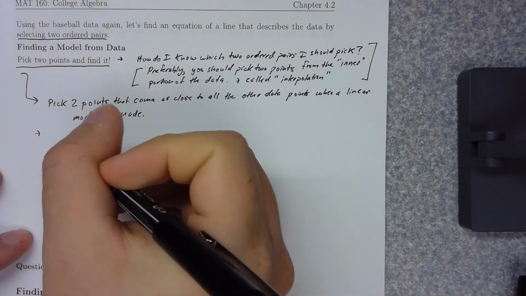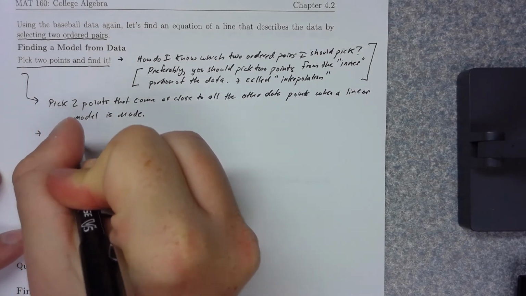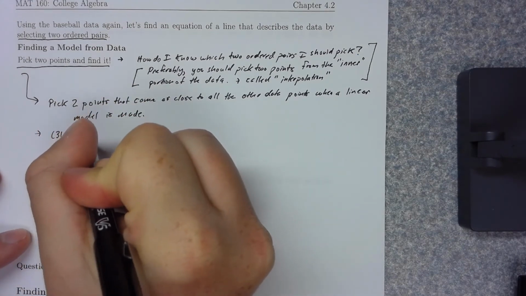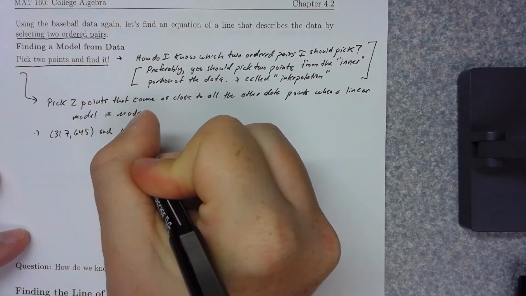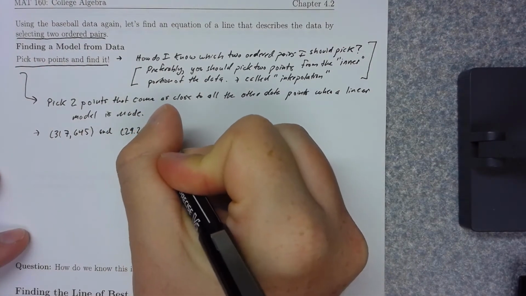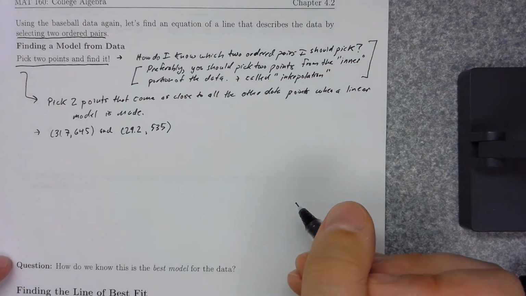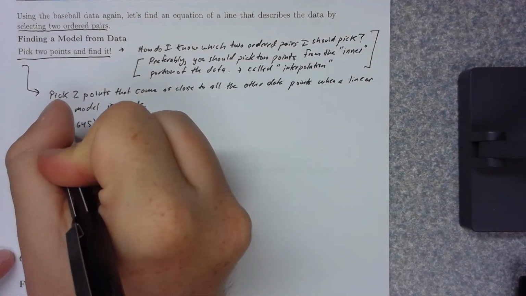So those are the points, 31.7 comma 645 and 29.2 comma 535. So find the linear model between those 2 points.